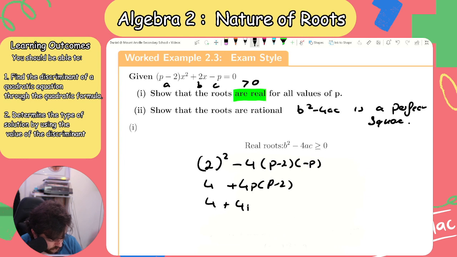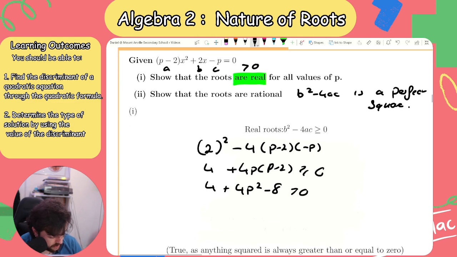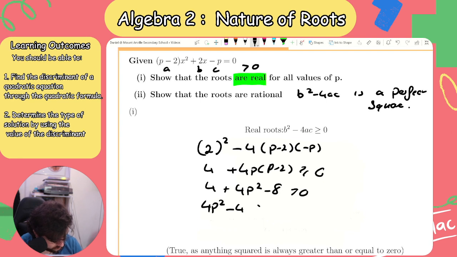Is this greater than or equal to 0? Have I made a mistake anywhere? For 4ac, no, that's 8p here, my apologies, plus 4p times minus 2 is minus 8p. So that's going to equal 4p squared minus 8p plus 4.